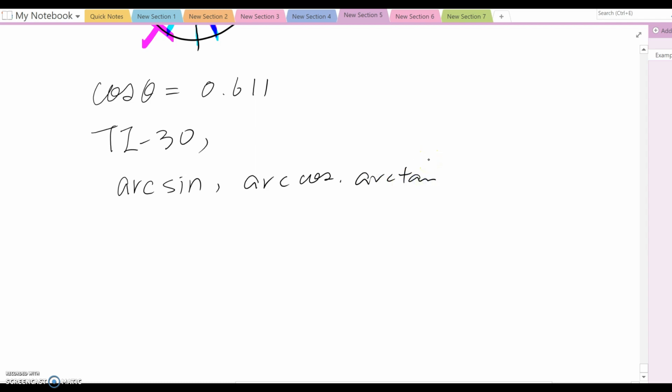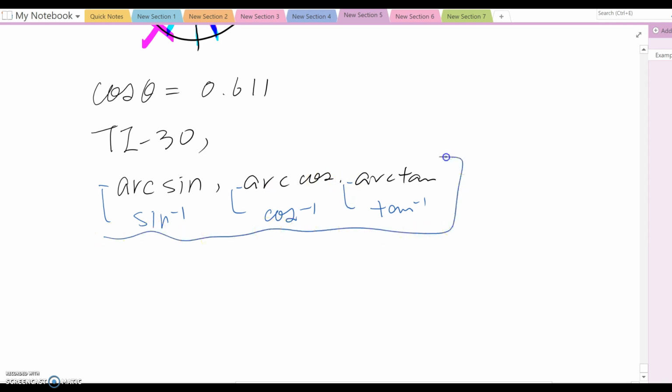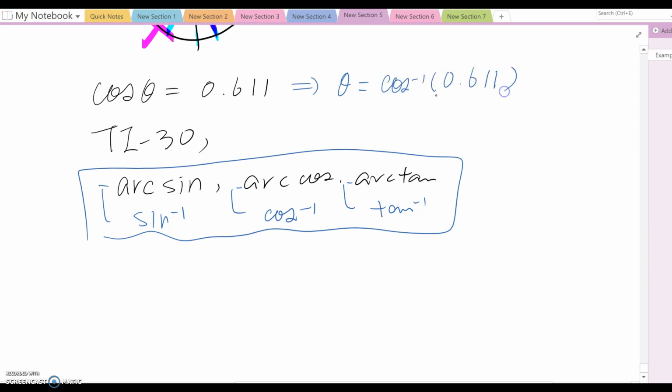It can be written as sine -1, cosine -1, tangent -1 as well, but they have exactly the same meaning here. So we can use this function key and find those values. Therefore, for these questions you can find theta equal to cosine -1 of 0.611 like that.